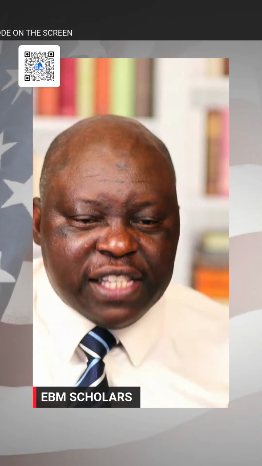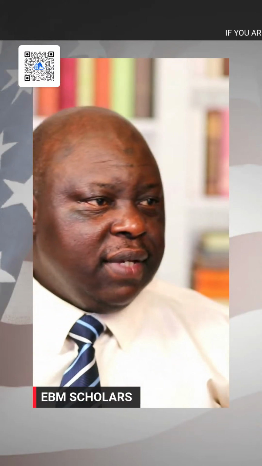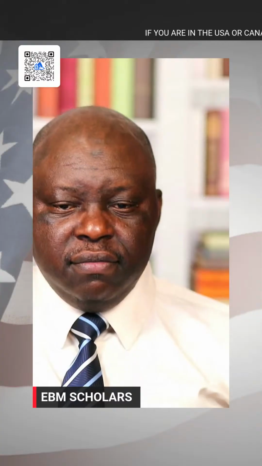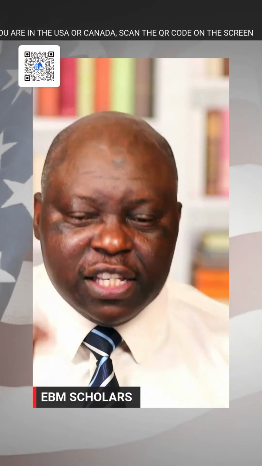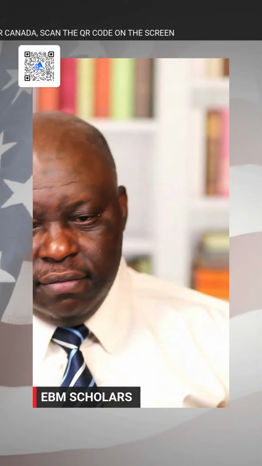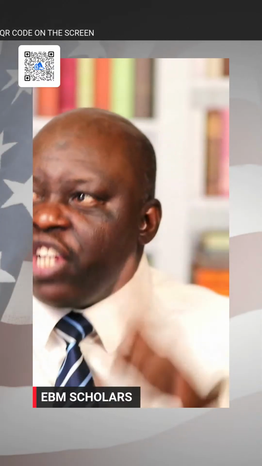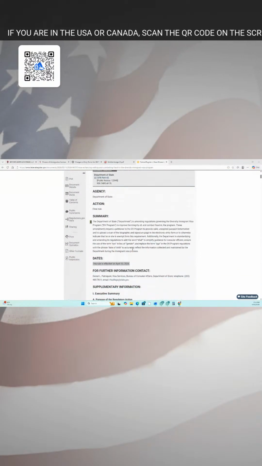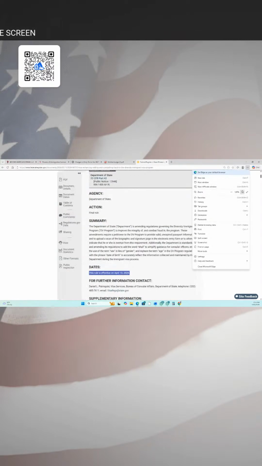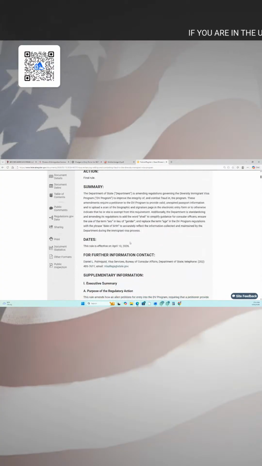Is the diversity visa lottery open? It is not open yet. But any day from today, as we are talking, the diversity visa lottery will be open. Because the instructions which were given out in the Federal Register are going to be effective from today, and by today, we mean from April 10.